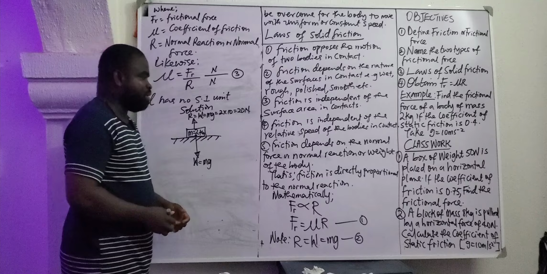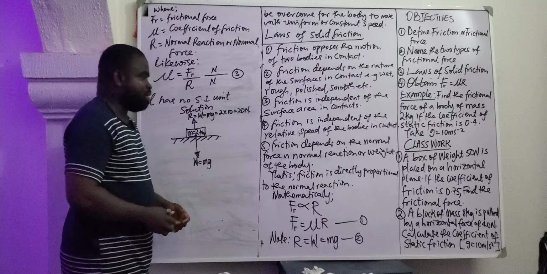We have a body. Let me sketch now. Placed on a horizontal surface. We are given the mass of the body as 2 kilogram. Then the weight of the body will act downwards. And I said weight is mass times what? Acceleration due to gravity.